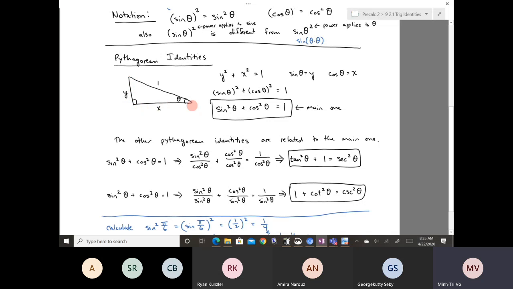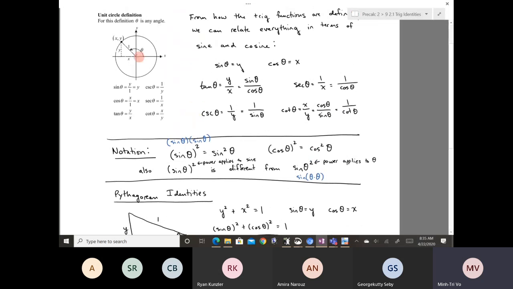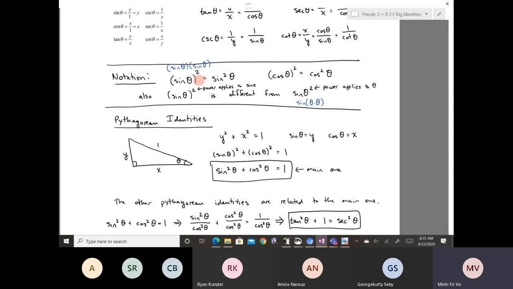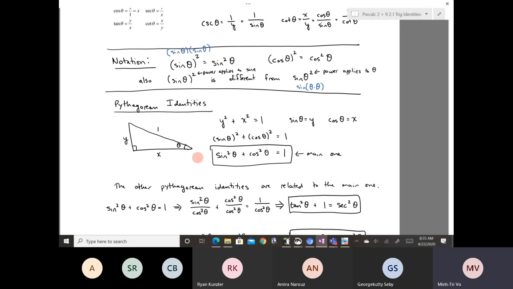So if you draw a right triangle with hypotenuse 1, and then the two sides are x and y, that's exactly how you fit a right triangle into the unit circle. If you write out the Pythagorean theorem, it's just y squared plus x squared is equal to 1. So this squared plus this squared is equal to the hypotenuse squared.